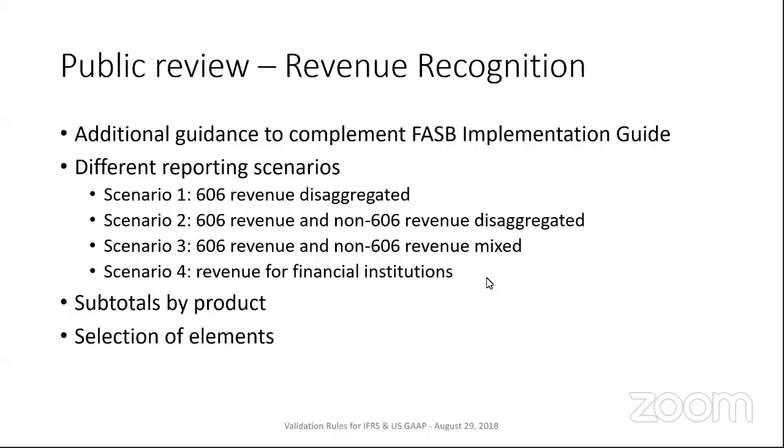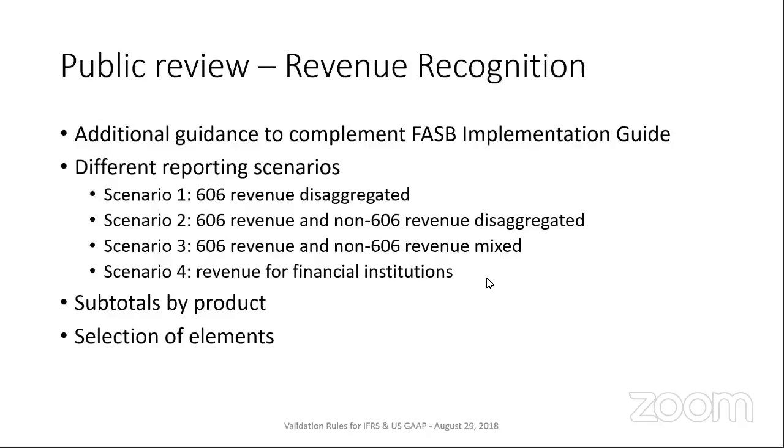So basically it's additional guidance to complement the FASB implementation guide, but it also covers some different scenarios. The first scenario is just straight 606 revenue, and they've disaggregated it. I think that's pretty straightforward, but it just lays out how that should be done. In scenario 2, you have some cases where companies on their income statement may report 606 revenue, but then they also have non-606 revenue.